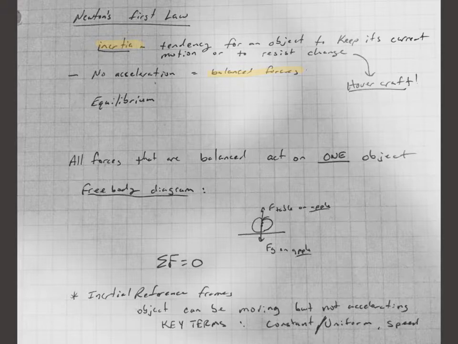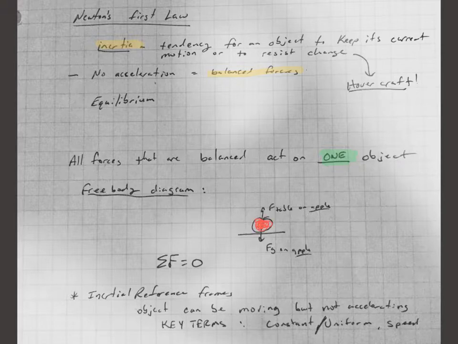With the first law, the forces can only act on one object, and that's really the most important part for Newton's laws and how to apply them when solving problems. Okay, so when we draw our free body diagram, look at a simple apple on a table. Okay, so here's our apple.